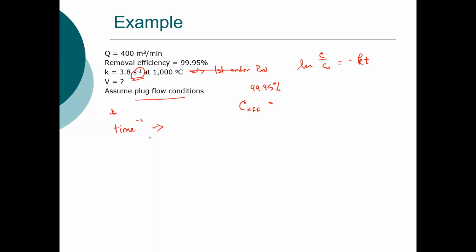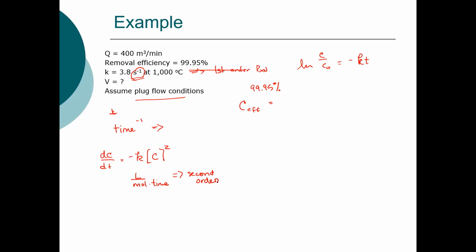If we have second order, then dC/dt is equal to minus K, and I'm just going to write this as second order in C. K will still be inverse time, but it'll be, for instance, liters per mole per time. So if we have K in units of inverse concentration per time, then it's second order.